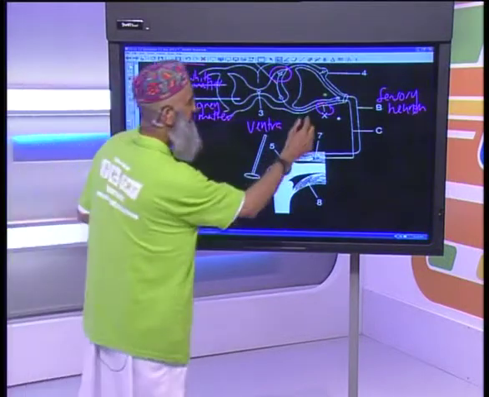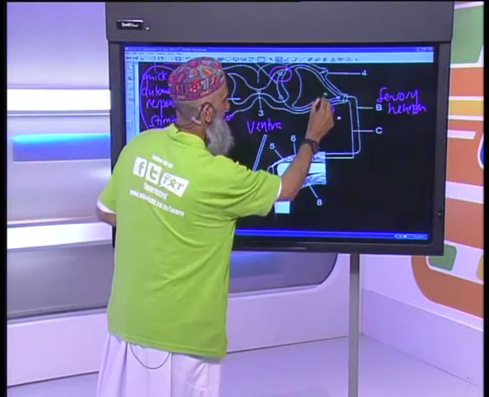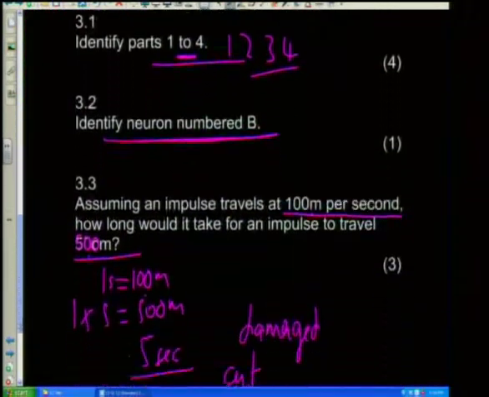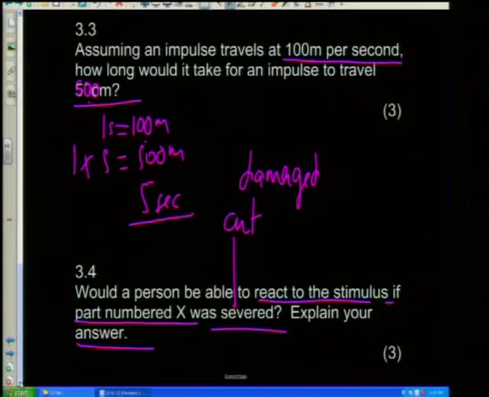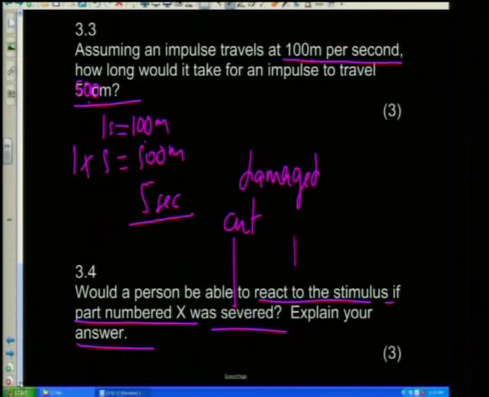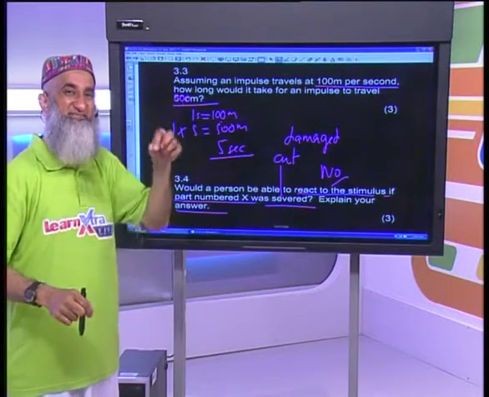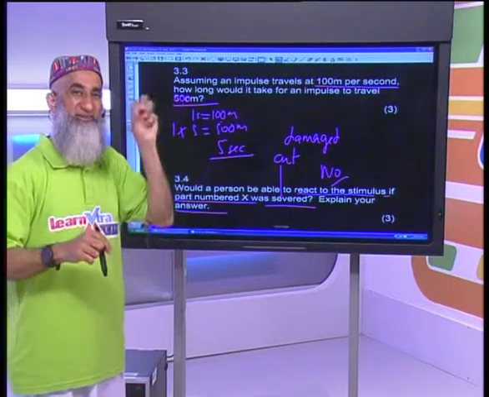If we damage the motor neuron, if we cut it, there, then the impulse is not going to flow to the muscle, and therefore, no. So the answer first, would a person be able to react? No. Why? Because the impulse would not reach the effector, because the effector is the part that's going to bring about the response.